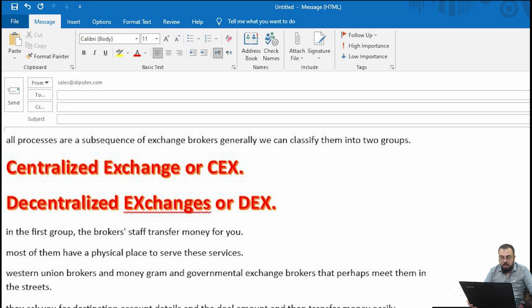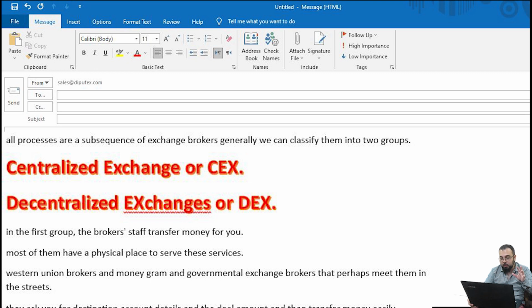Exchange brokers. If you can't ask your bank for telegraphic transfer services, there are different services that come to help you, and all processes are a subset of exchange brokers. Generally, we can classify them into two groups: centralized exchange or CEX, and decentralized exchange or DEX.